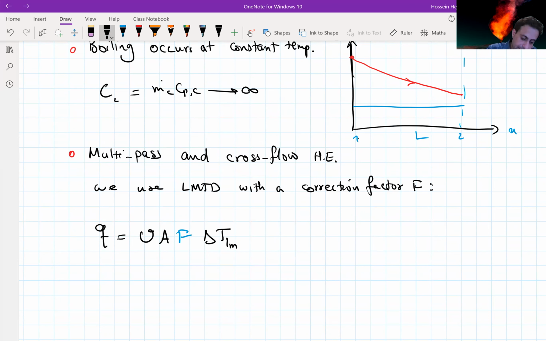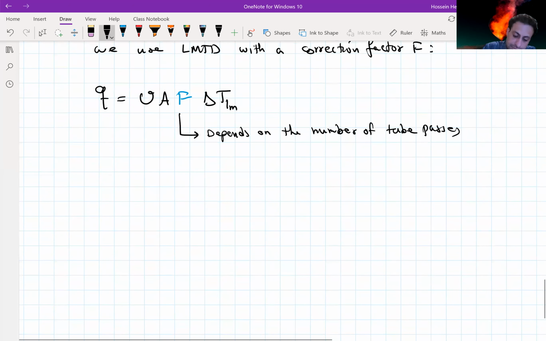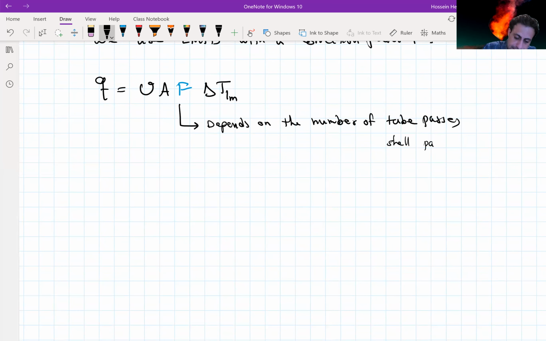Now the value of F really depends on the number of tube passes and the number of shell passes and other configurations of design, and generally we can find it in the chart. Now F is 1 for double pipe, as we saw for the double pipe heat exchanger.